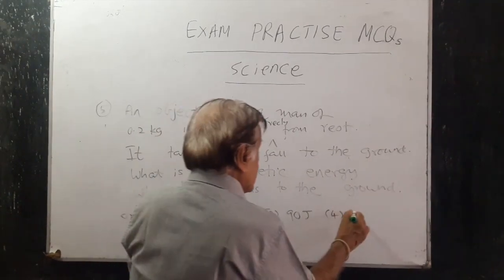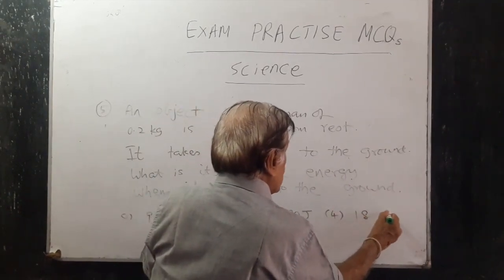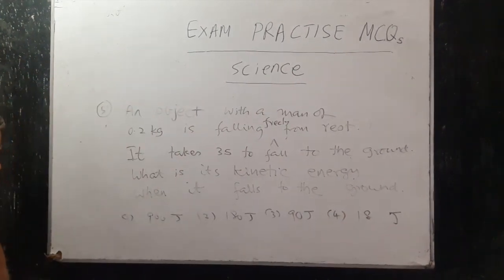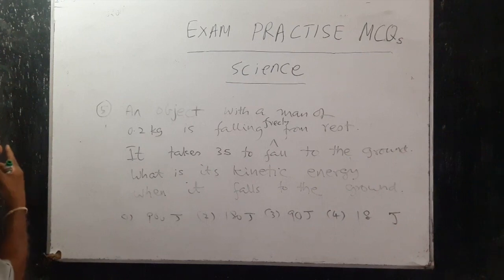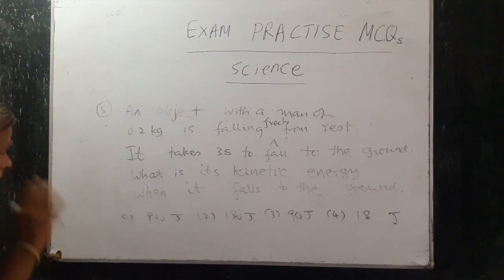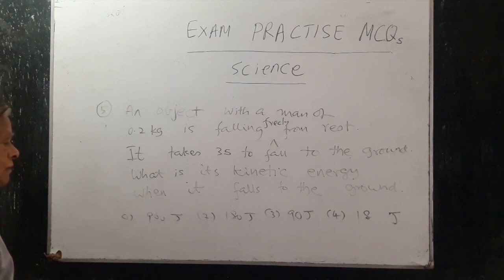Fourth one, 18 joules. Now, how to do this question? First, you will write it down and then think about this question and select your answer. Then only we can go for the discussion.